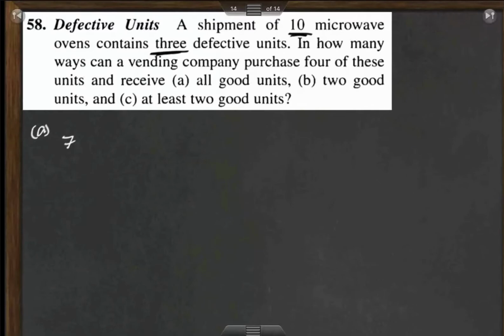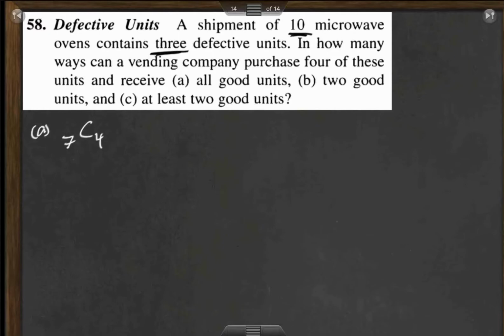I'm going to do a combination because the order in which you're getting these microwaves doesn't matter. If the order did matter, I would use P.